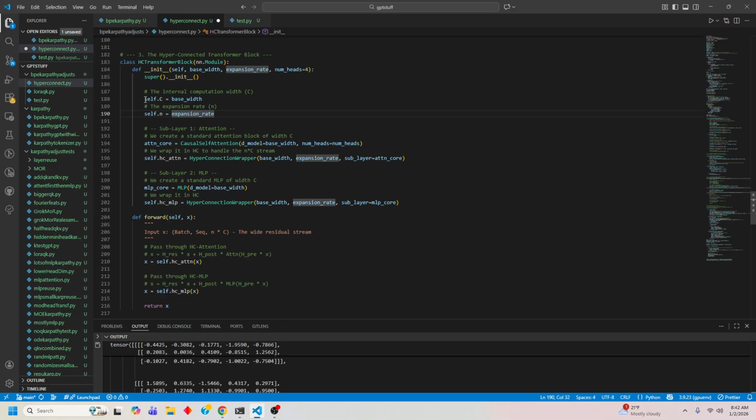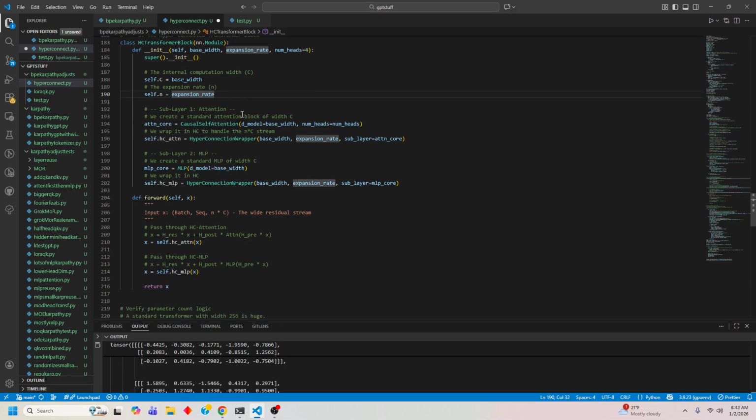And what you do is, you'll set C as the base width, N as the expansion rate. You'll have a normal self-attention here, which is actually multi-head attention, which will go into this class.